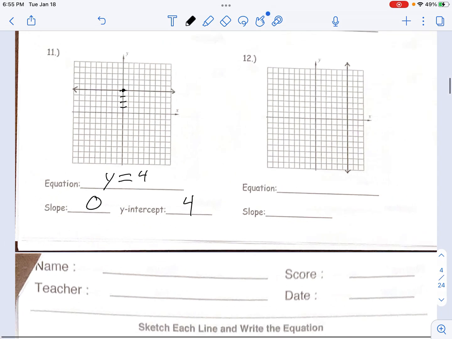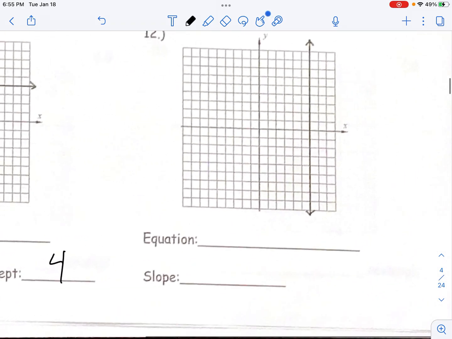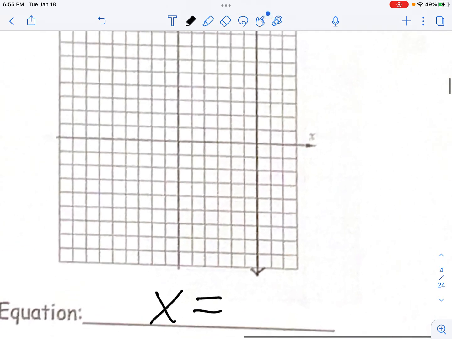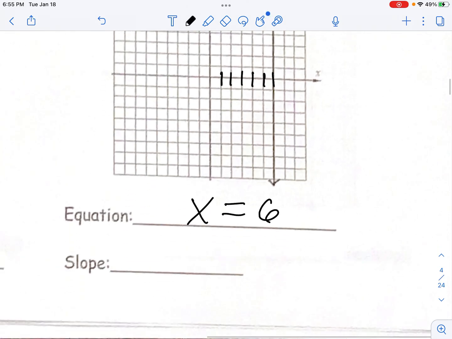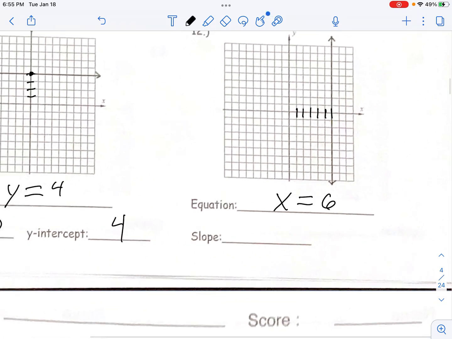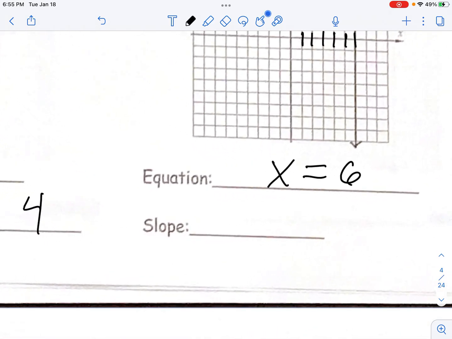All right? Now, vertical line. Well, we know that that's an x equals equation. Well, what does x equal? Well, we need to count over. So we need to count 1, 2, 3, 4, 5, 6. So x equals 6. Now, it says, what is the slope for a vertical line?